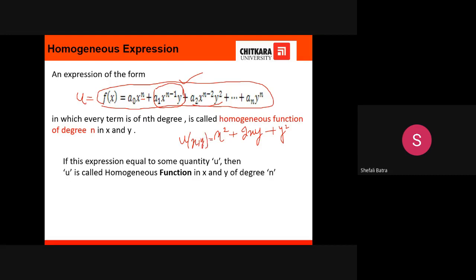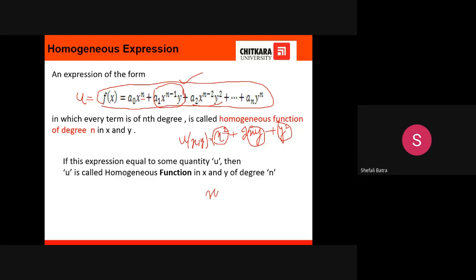Now tell me, is it homogeneous? Yes, ma'am. Why? Because you can observe that degree of this term is 2, degree of this term is again 2, and degree of this term is again 2. So this is a homogeneous function of degree 2.